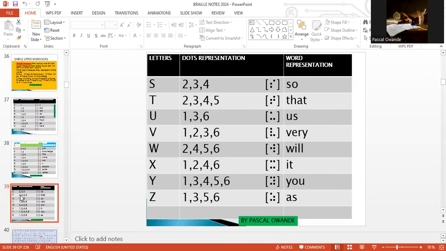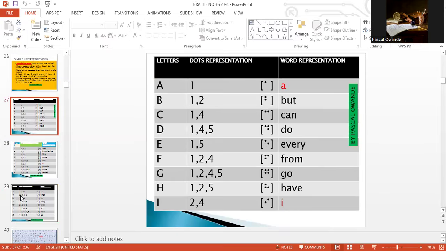And finally, we have letter Z, which is represented by dot 1, dot 3, and dot 5, 6, giving us the word as.